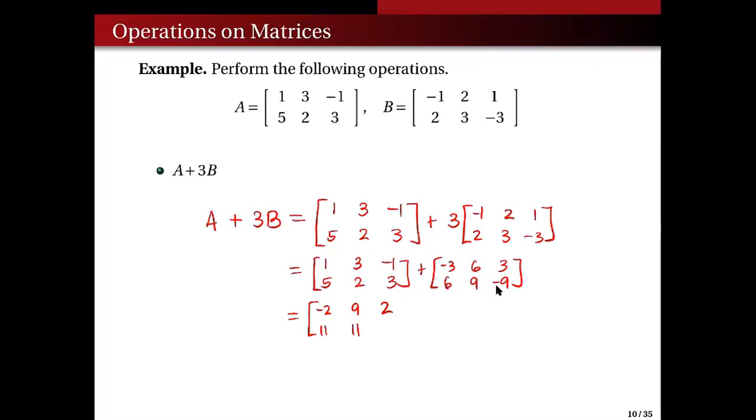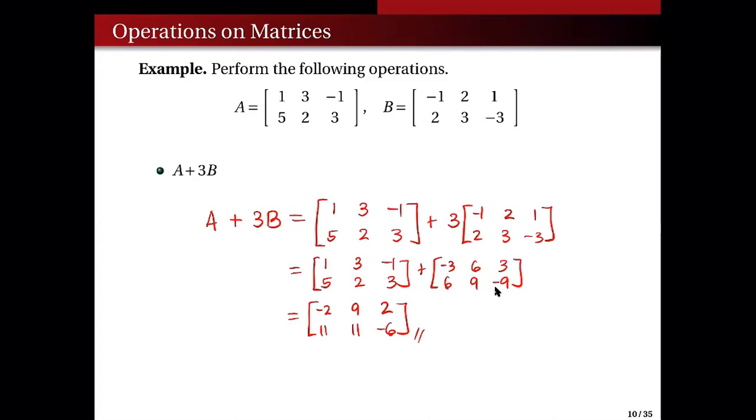Then 3 minus 9, that's minus 6. So this is the final answer. Okay? So addition and scalar multiplication or subtraction, they are easy to solve. Okay? They are easy to work on.